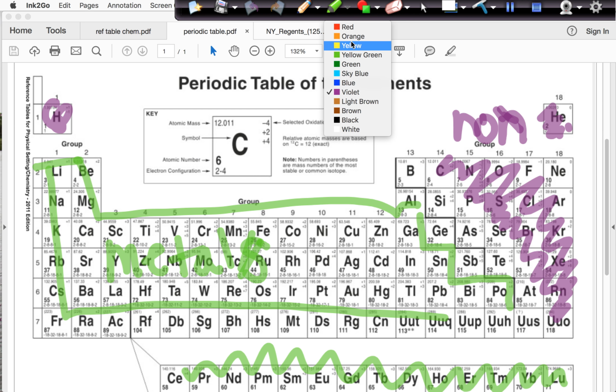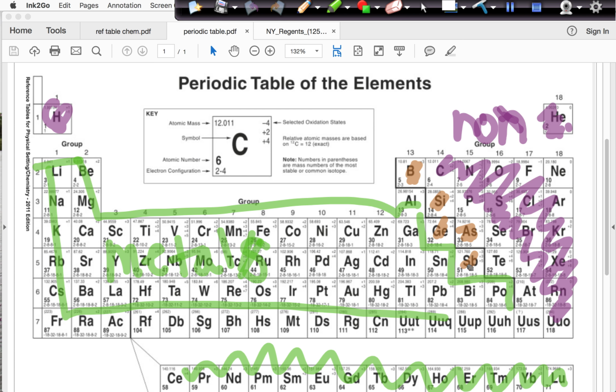The elements that touch the zigzag line in 2 places except for aluminum and polonium, these are going to be my metalloids. Okay, so those are going to be my metalloids. Remember, that can also be called semi-metal, and semi-metals have properties of both metals and nonmetals because they're on that borderline there.